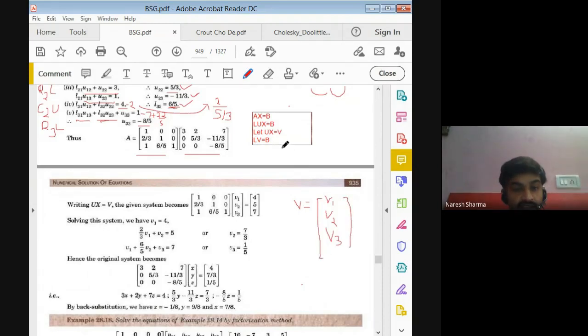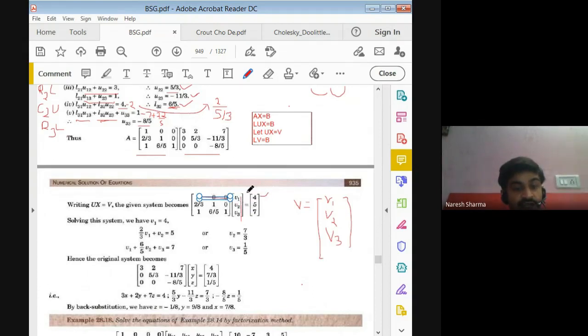So from this, LV. So L is your this matrix, that is 1 0 0, 2 by 3 1 0, 1 6 by 5 1. Multiply this with your V, and right side B is given 4 5 7. Now if we multiply this, this is V1, and V1 is equal to your first element, that is your 4.